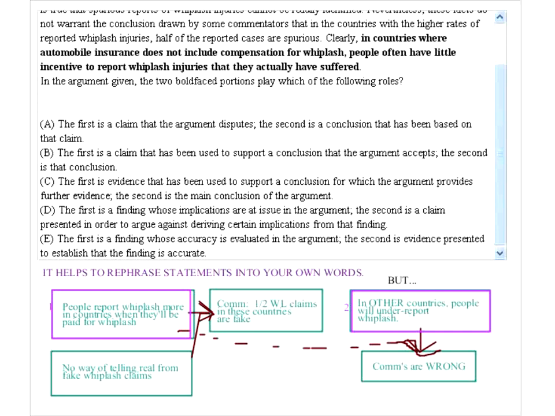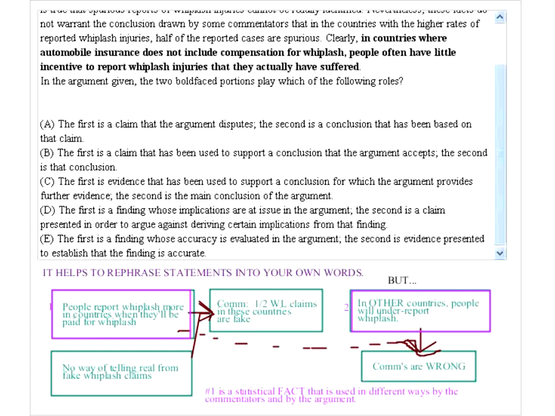Well, notice number 1 is a boldface that's used in their argument and also in mine. Number 1 is just a statistical fact that is used in different ways by the commentators and by me and by the argument.